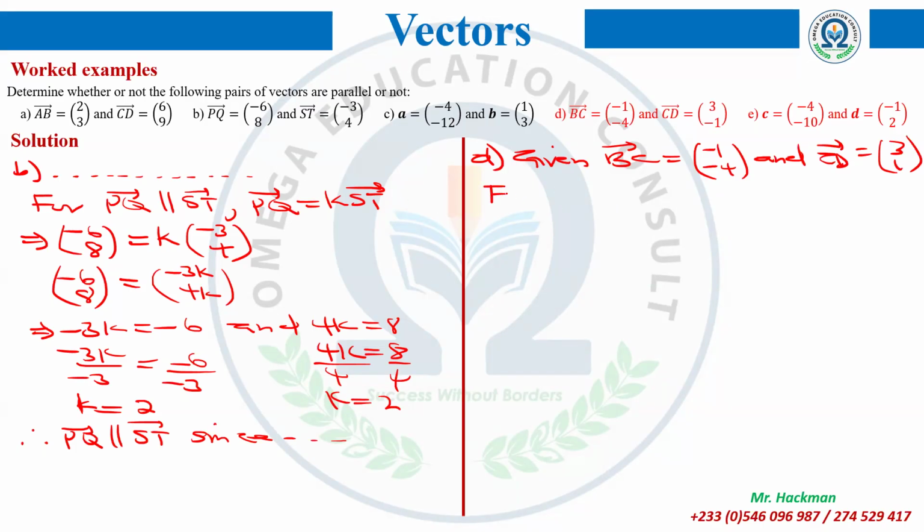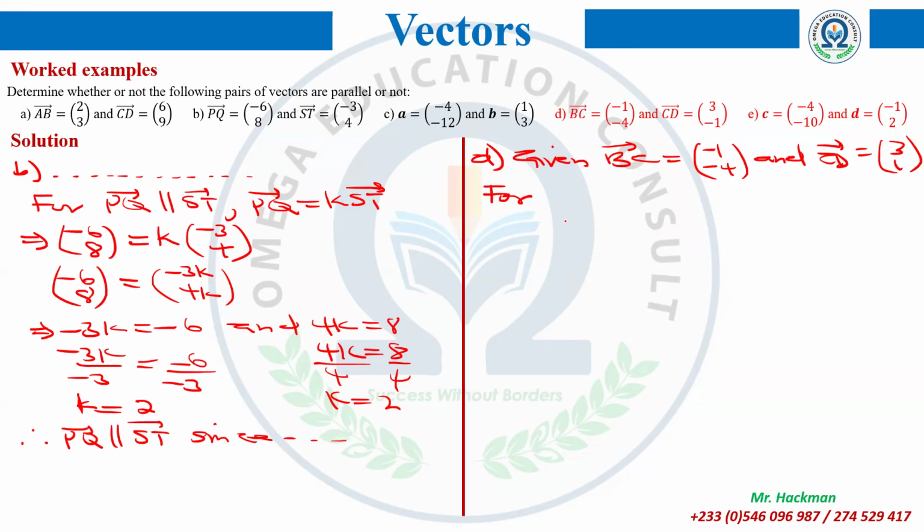So this time round, I want to go any route. I don't want to go for which one is bigger or smaller, because you can also do that, but I think consistency counts. Which one will be bigger? I think this one will be bigger in terms of magnitude.